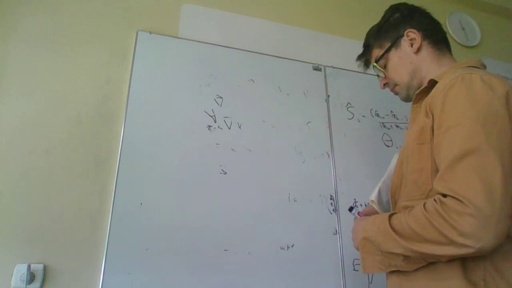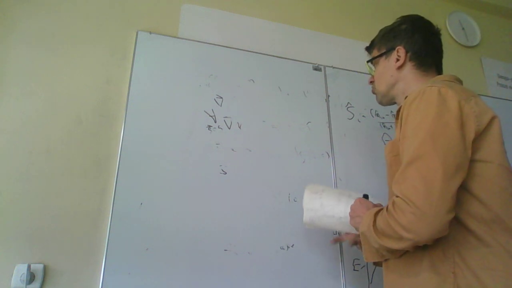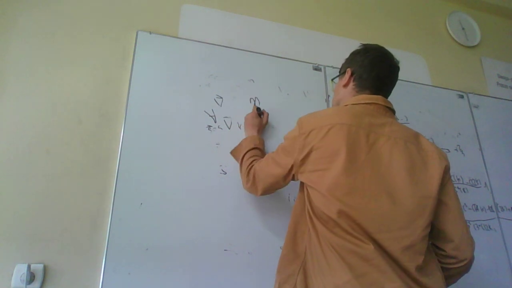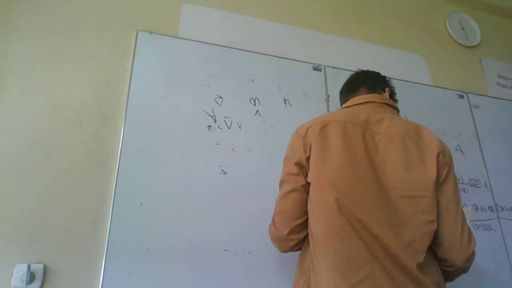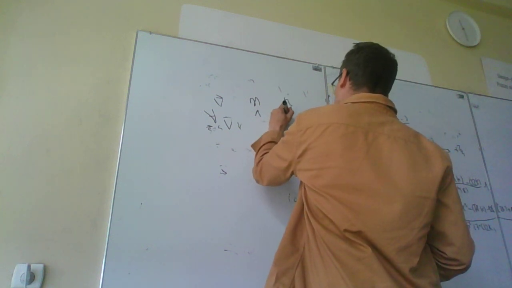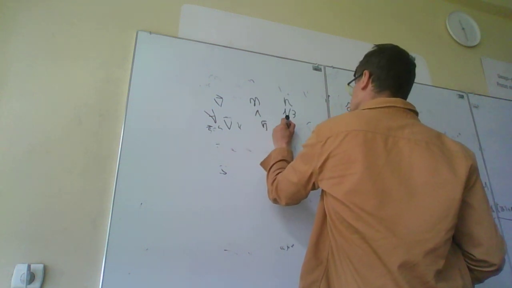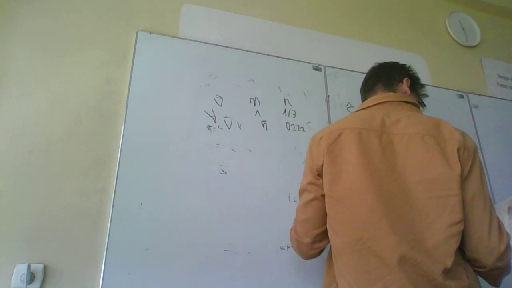So for n equal to 1, the critical detection efficiency was 1/3. This is the usual result. For 5 it was approximately 0.222.